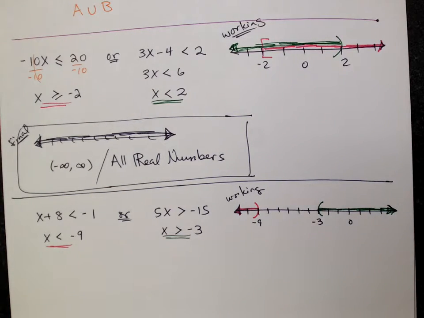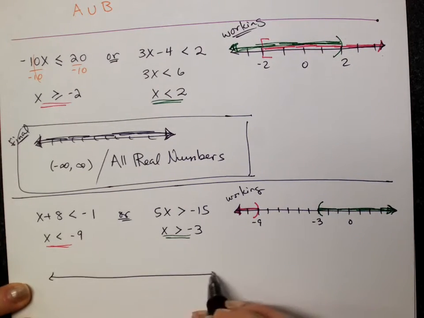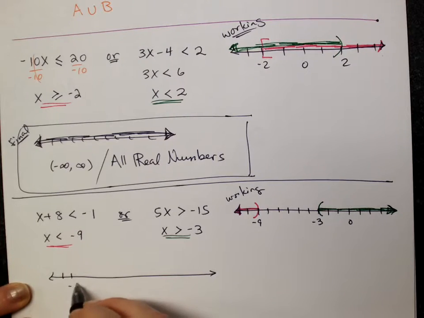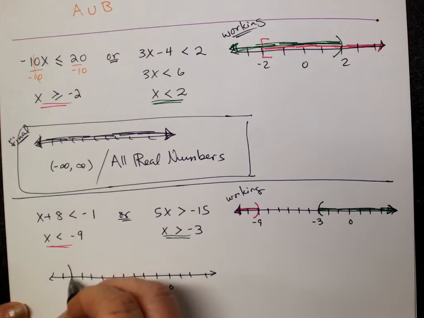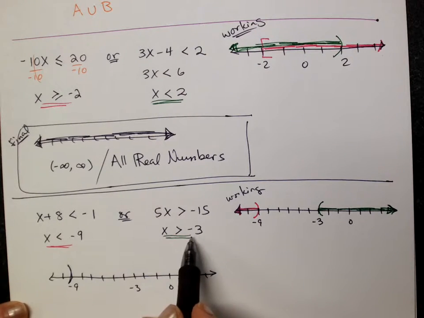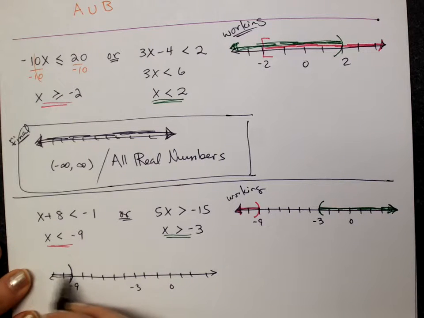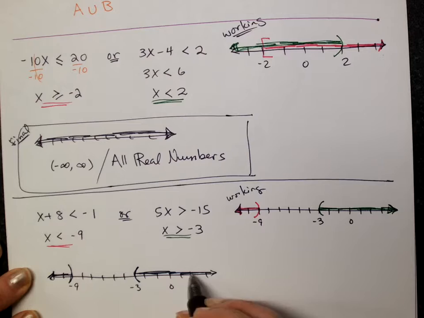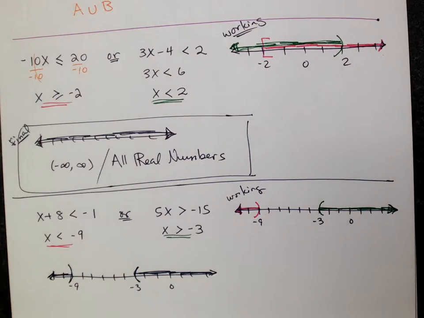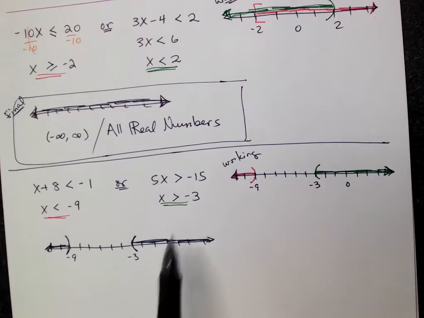So this is the working graph, but truly the final graph looks exactly the same. It is -9 and -3, neither of these are included, so it'll be parentheses for both of them. And they are diverging away. There's no overlap. There is a gap. But because of the word or, everything's included.